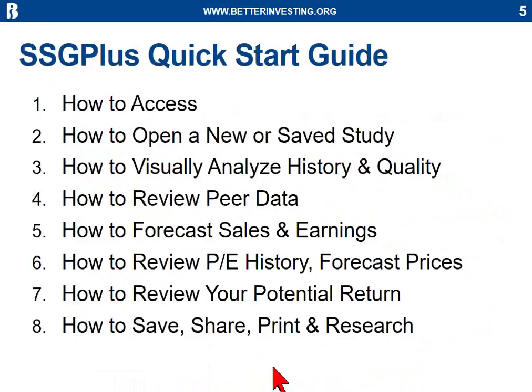And finally, how to save, share, and print your SSG, and do some research.